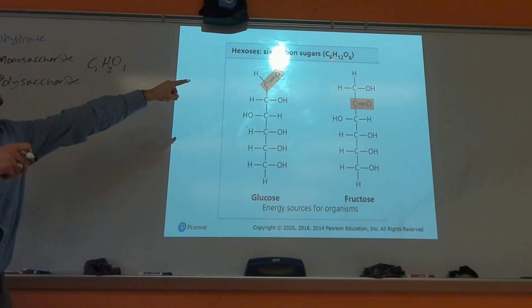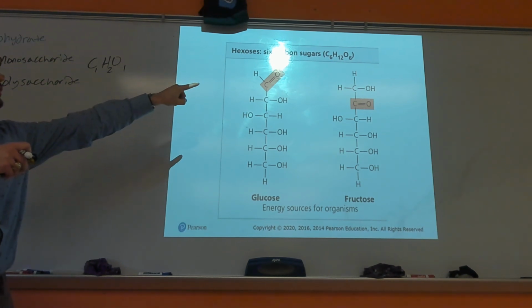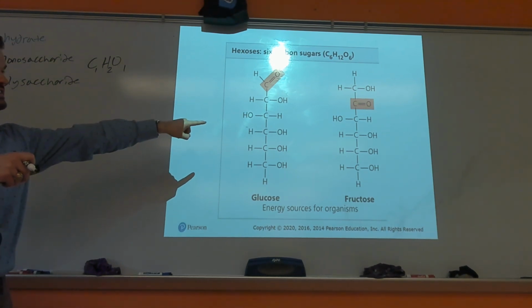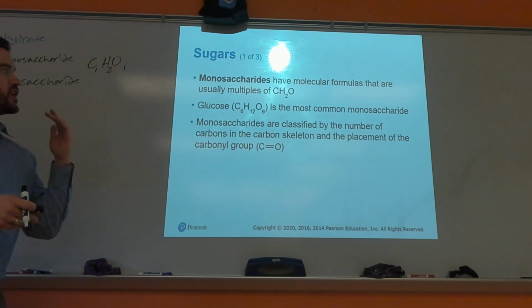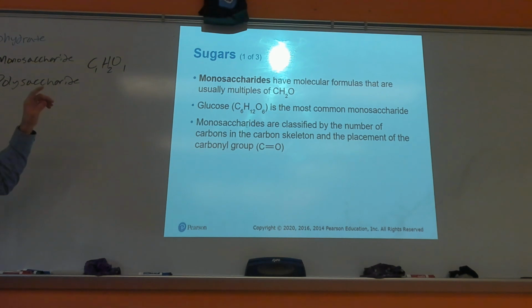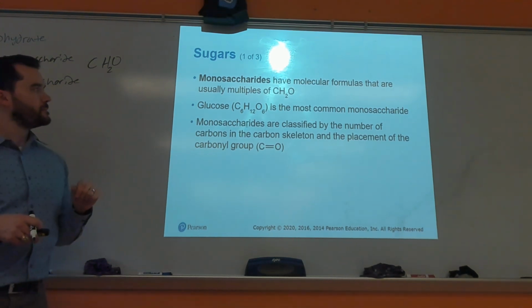Again, notice the 1 to 2 to 1 ratio, and fructose is interesting because it has an actual ketone in the middle there. Let me make sure I said everything here. Monosaccharides, a simpler way is just this: 1 to 2 to 1. Glucose, the most common one. And that carbonyl group.